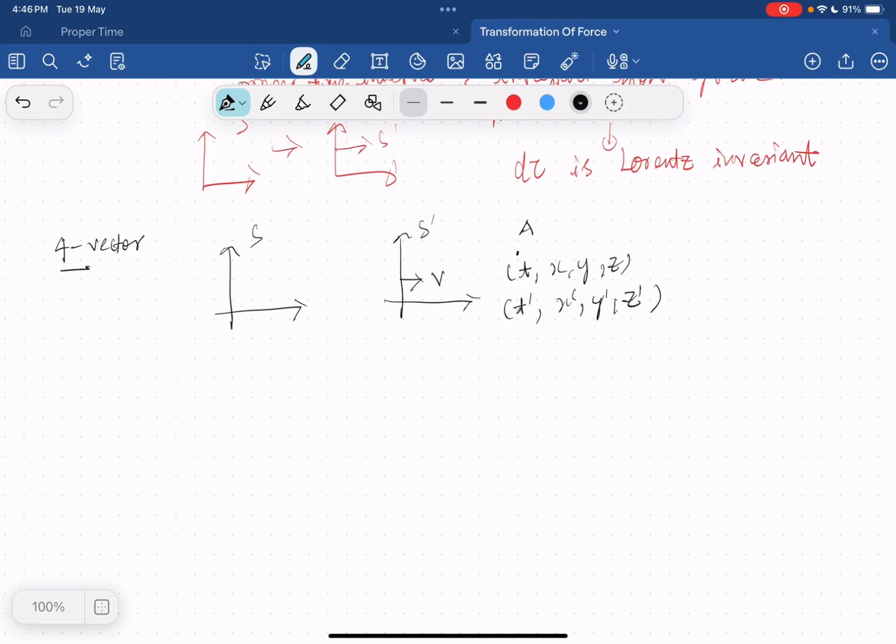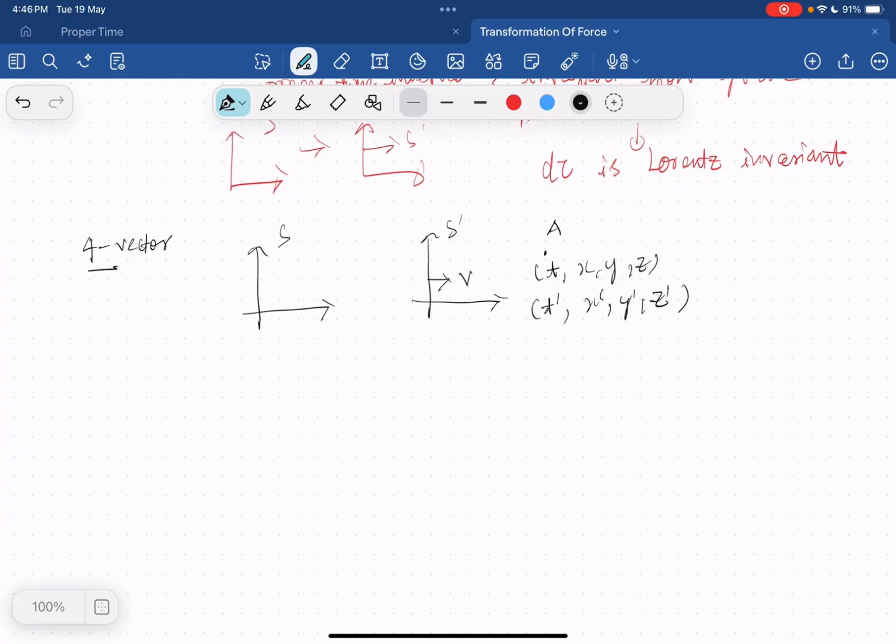So if you know the coordinates of the event in one frame, you can write the corresponding coordinates with respect to the other frame.